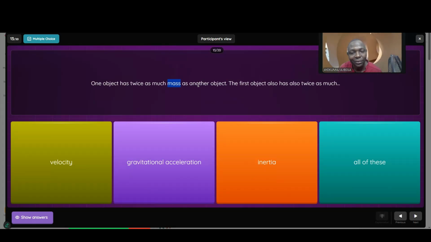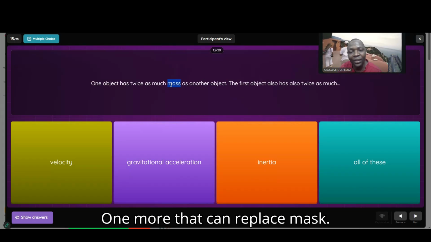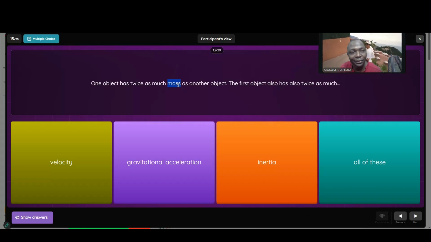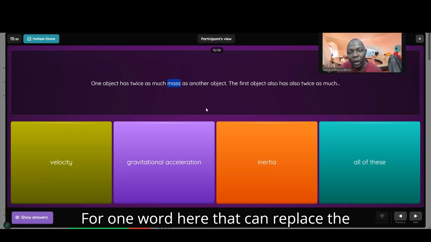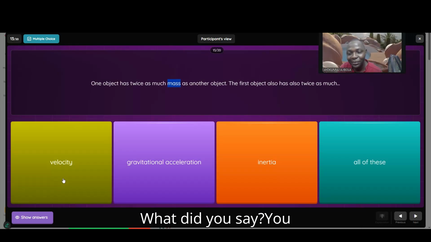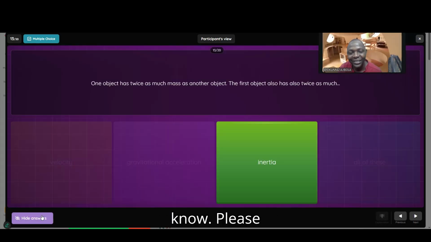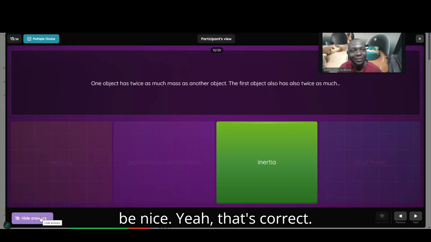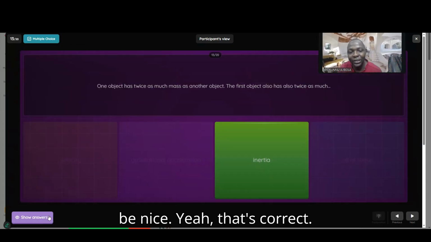Don't do fast. Daniel, look for one word here that can replace mass. What did you say? Inertia. Inertia, that's correct.